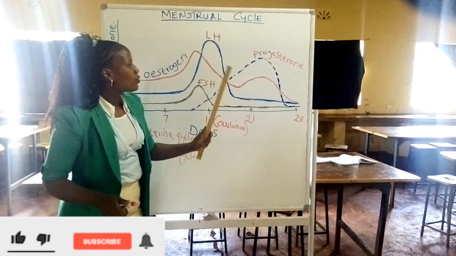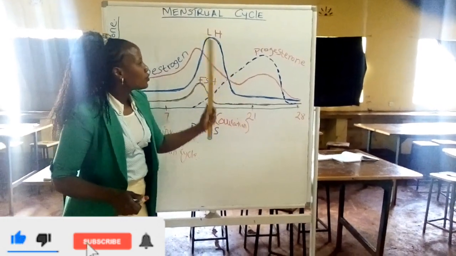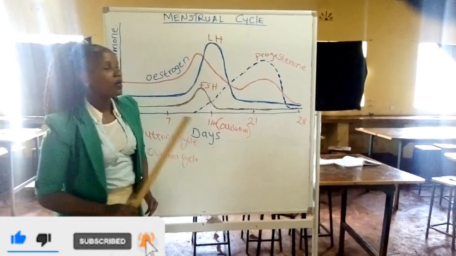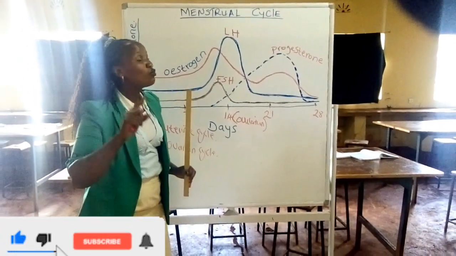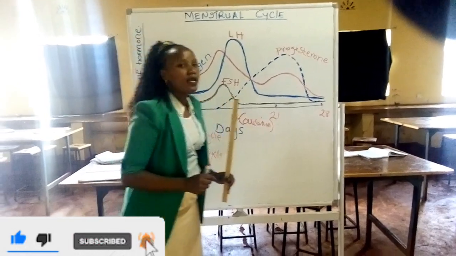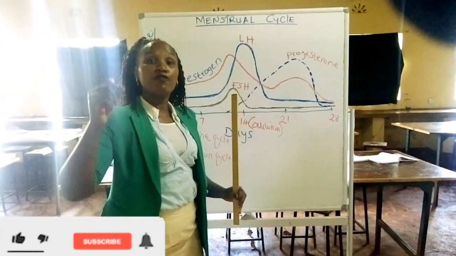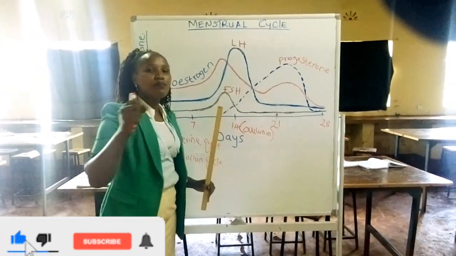What is the work of progesterone? The work of progesterone is to maintain the pregnancy up to the 4th month, whereby the placenta will already have formed to sustain the pregnancy.